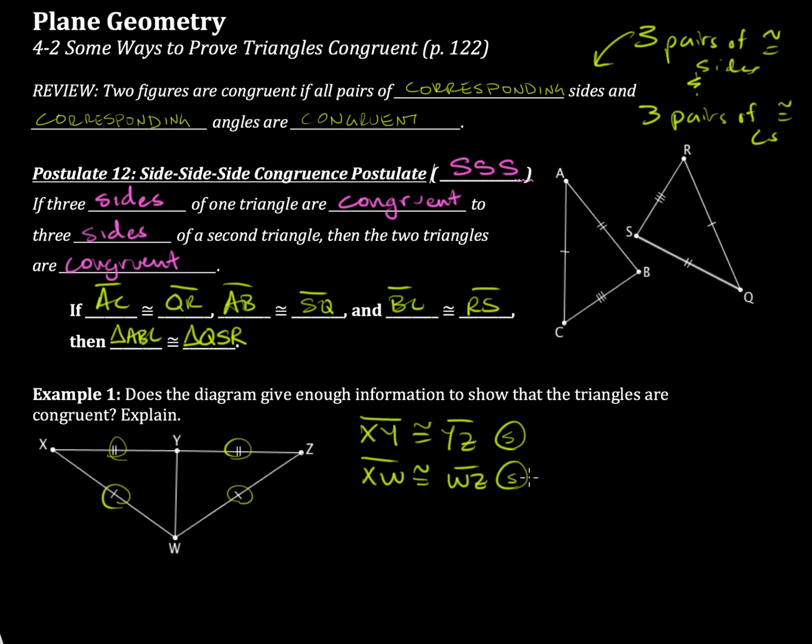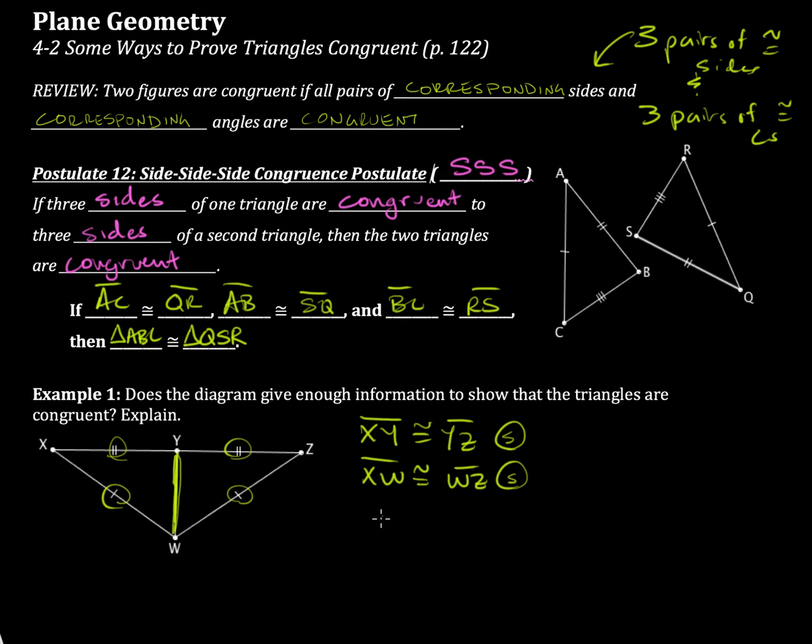But it looks like I'm missing the third one. So the temptation on this problem is to say, nope, there's not enough information because it only gives me two pairs of sides, and according to the postulate, I need three. But what you have to look out for on a lot of these problems are diagrams where the two triangles that you might be trying to prove congruent are sharing a part. For instance, you'll notice that they are both using segment YW right here.